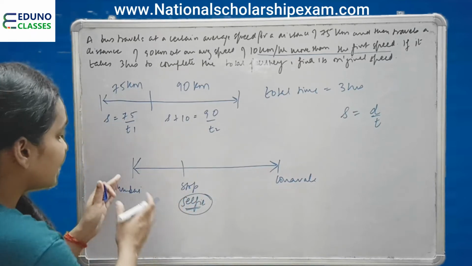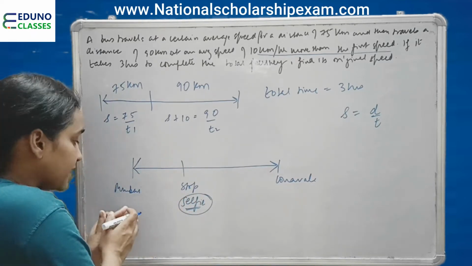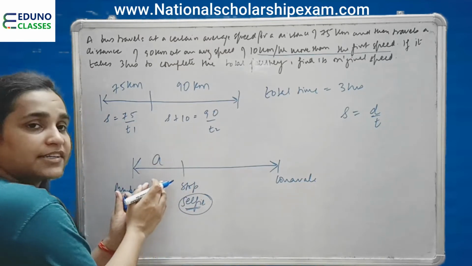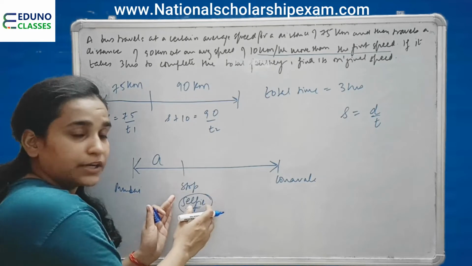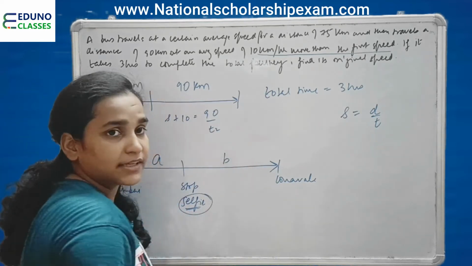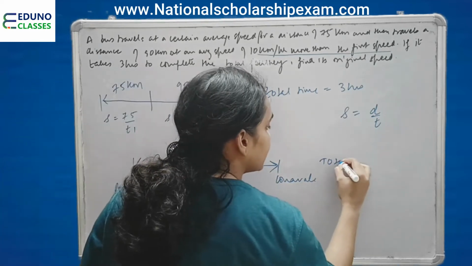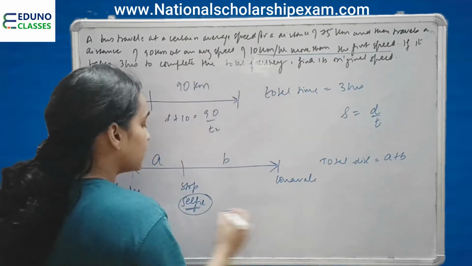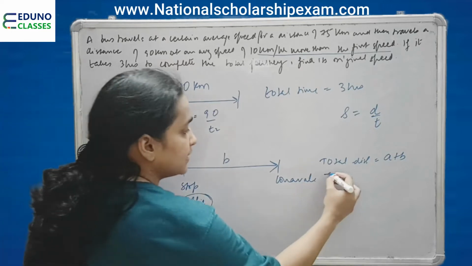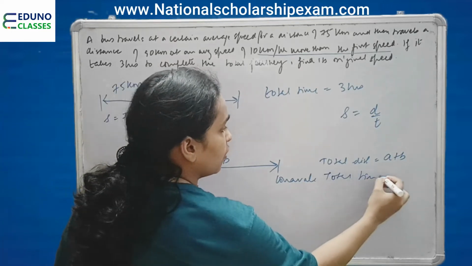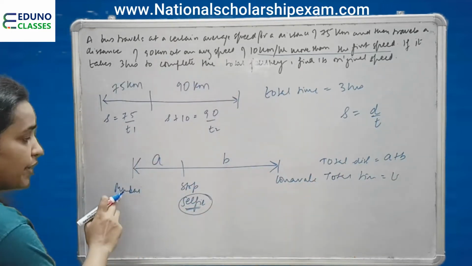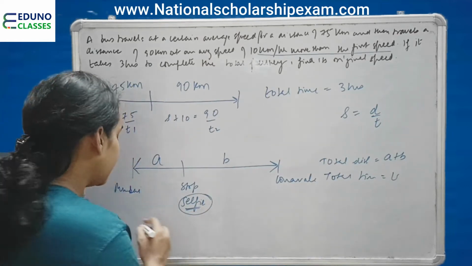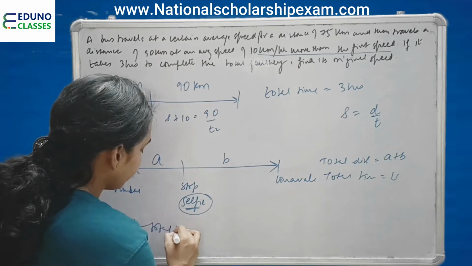Now this distance from Mumbai, from the place I started, has a certain distance, and from this point to the final destination it has a certain distance. Total distance is A plus B, and total time I am taking is T. From Mumbai to Lonavala, initial point to the final point, total time is T.